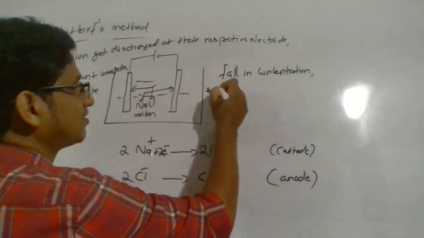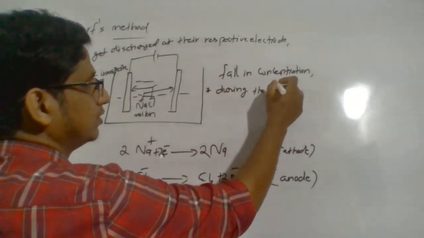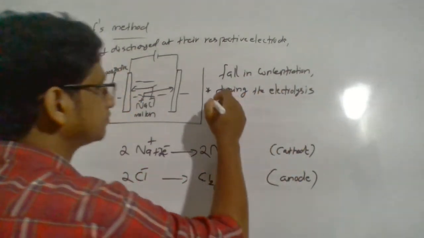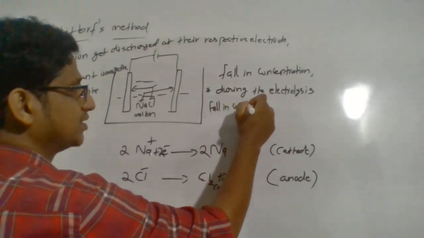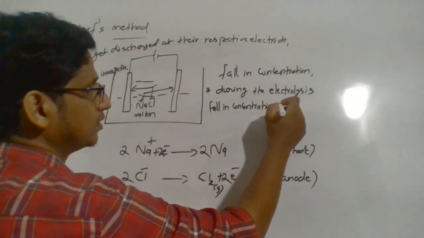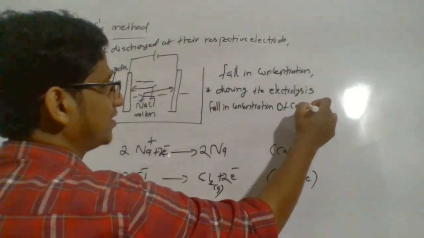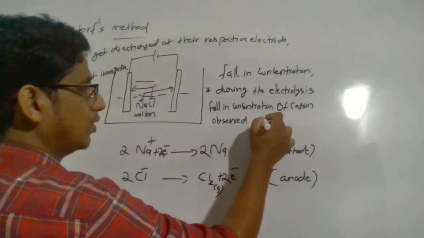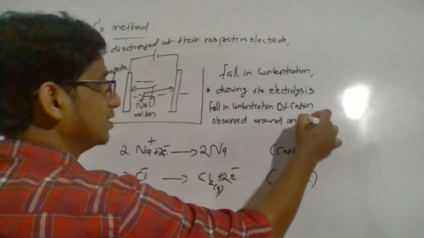During the electrolysis, falling concentration of cation is observed around the anode.